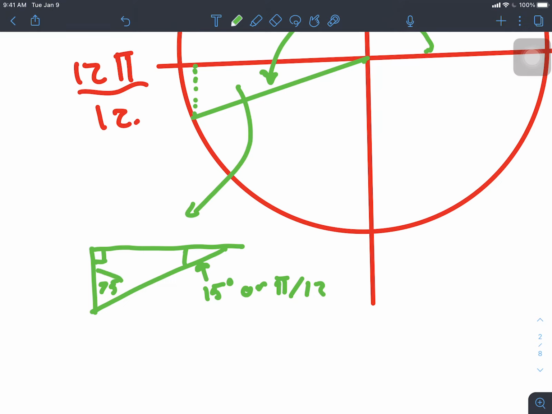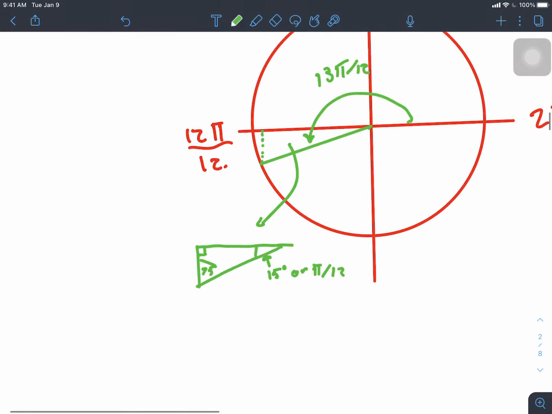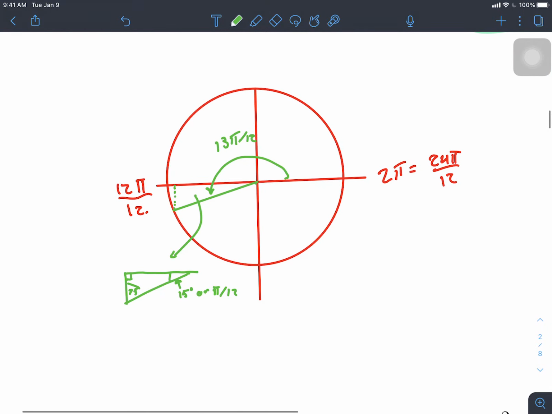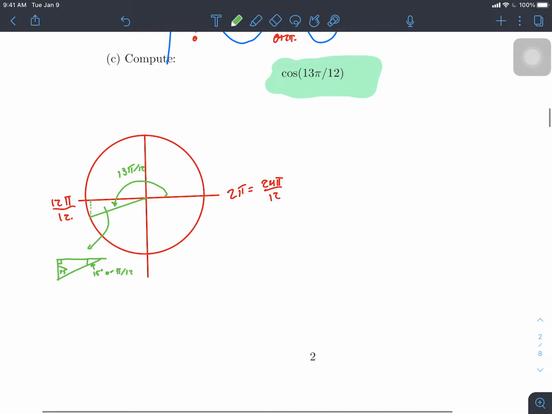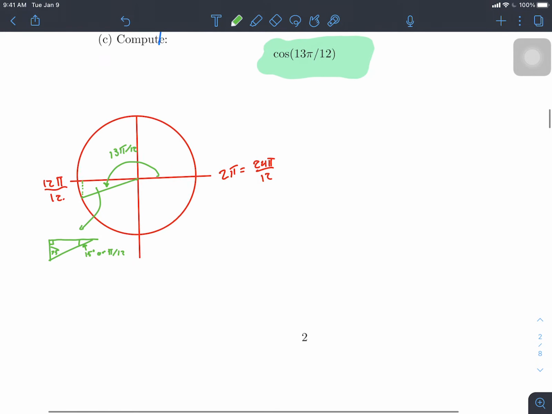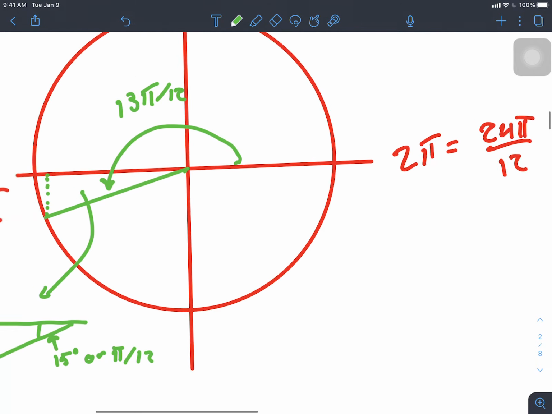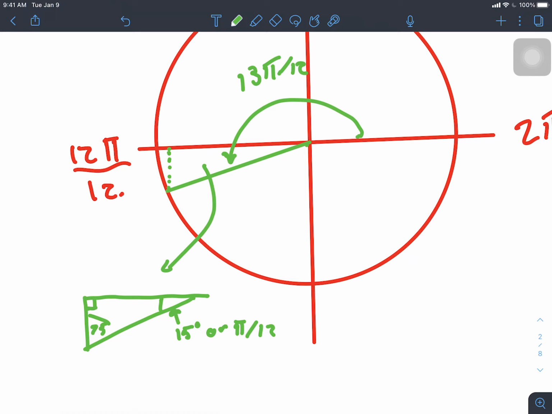So we have a non-special right triangle, which spells trouble for us in terms of computing this, because we're interested in the distance of this top leg of this triangle, since that will tell us the x coordinate of this point, x comma y, and that's what we want to know.